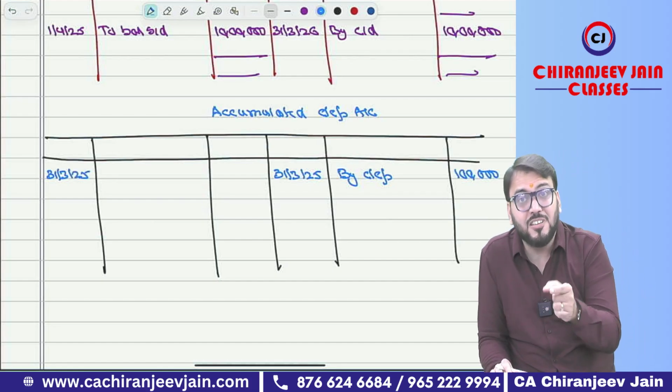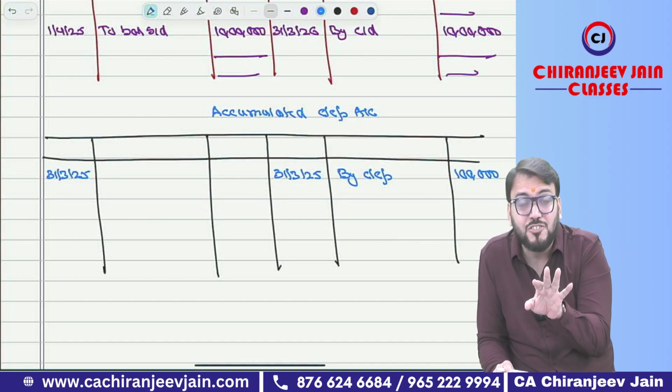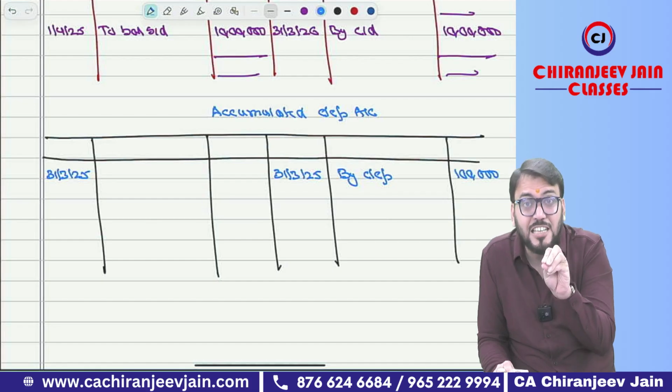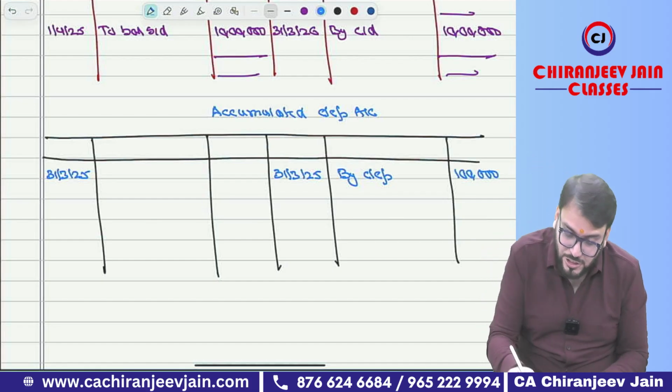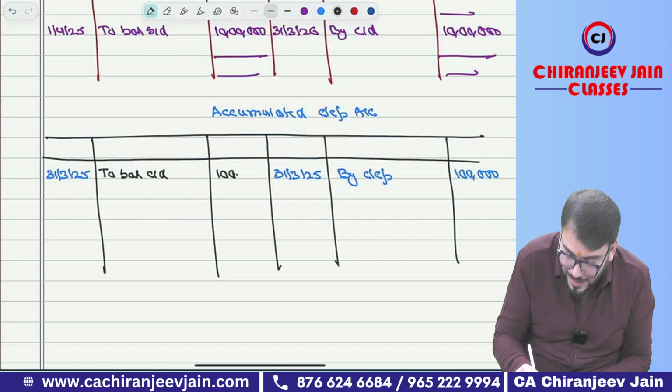There is one depreciation account. Depreciation account is closed by transfer to PL account. So accumulated depreciation is not a nominal account. That I just want to inform you. Okay, sir. So this will be what? To balance carried down 1 lakh. Done.